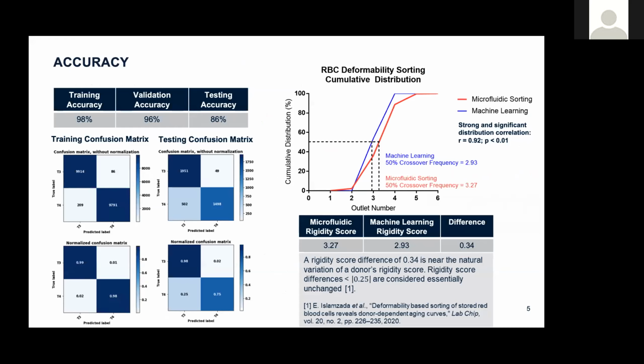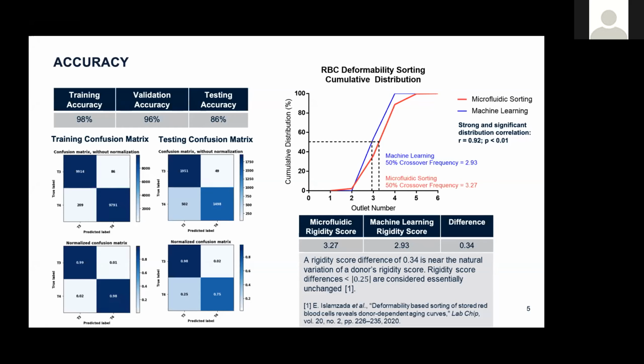Even with this difference, the 50% crossover frequency or rigidity score was similar between the two methods, and there was strong and significant correlation between the machine learning and microfluidic distributions. The rigidity score difference of 0.34 is near the natural variation of a donor's rigidity score, indicating that this machine learning method classifies red blood cell deformability similar to the microfluidic device.